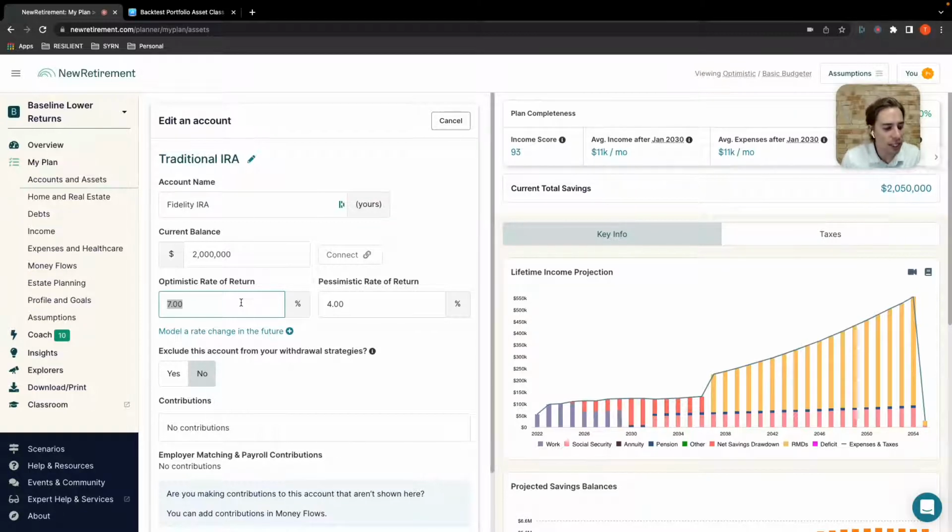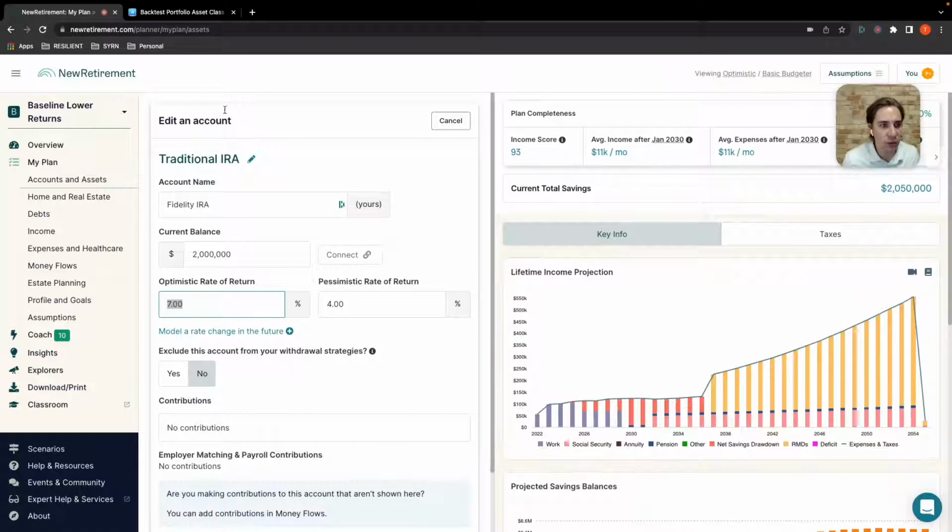But one thing I recommend, if you use Personal Capital as well, so if you use New Retirement for some planning features and Personal Capital for other planning features, they both have pretty good features, and you kind of have to use both if you're a DIY retirement planner. What Personal Capital does is take the historical return and then reduce it by 1%.